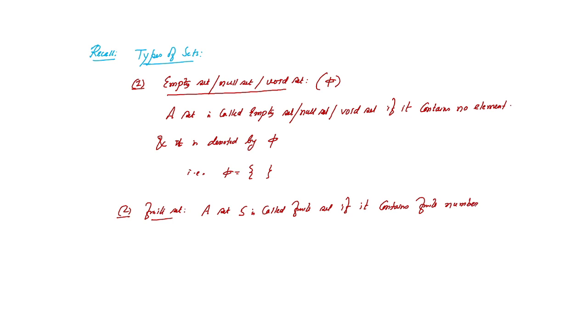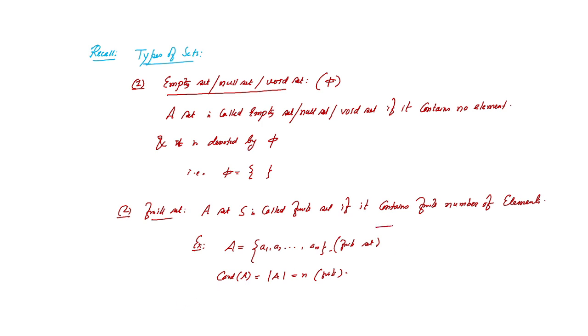As an example, the finite set we can write as a1, a2, dot dot, an. This is an example of a finite set. Here the cardinality of the set A, or the number of elements in the set A, is n, which is finite.